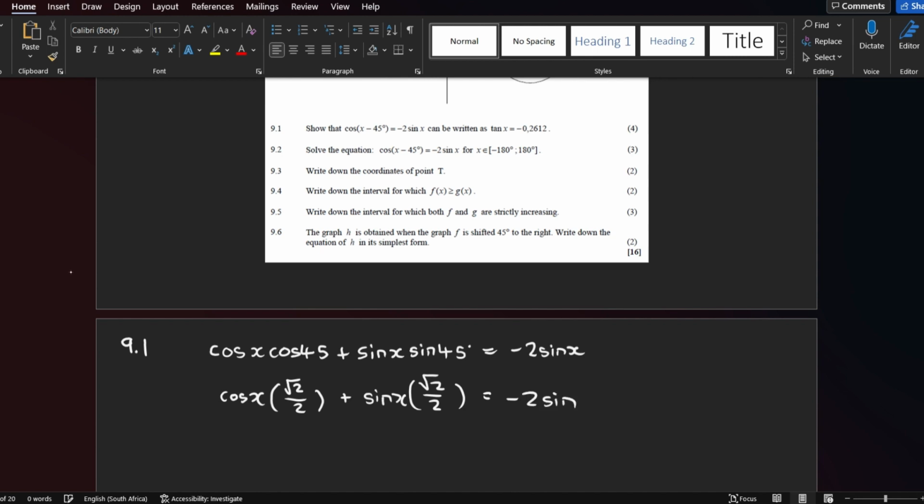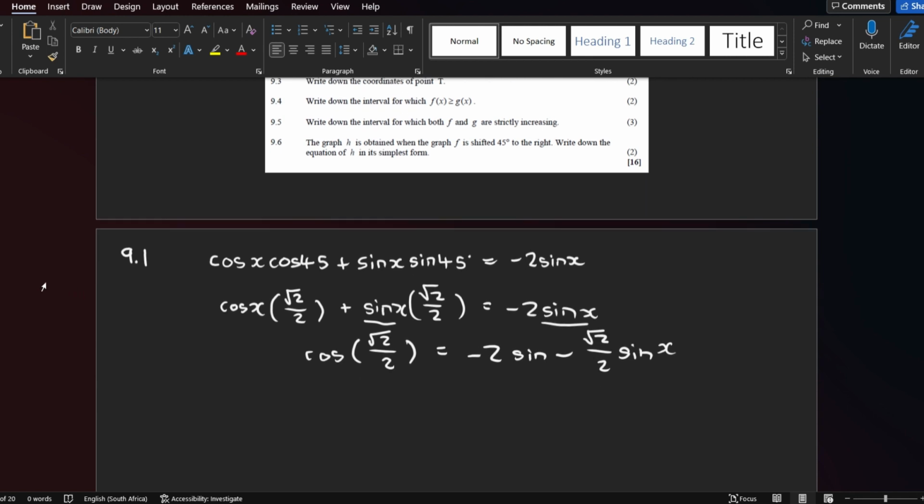We can now take over the sin x, as we would in algebra. So we have cos x times root 2 over 2 equals -2 sin x minus root 2 all over 2 sin x.